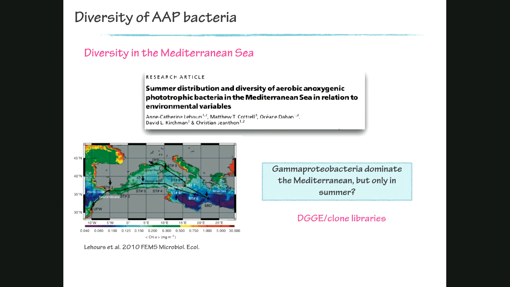And this study was done with DGGE and clone libraries. So at that time, it wasn't known whether this was because of the different methodology used, or because the study was done in summer, and perhaps in a different season we would find results similar to those from other places, or perhaps it was a signature that the Mediterranean actually has a different community of AAPs than other regions of the world ocean.